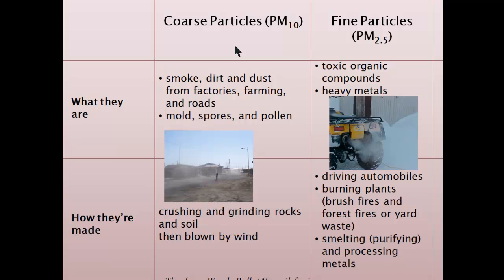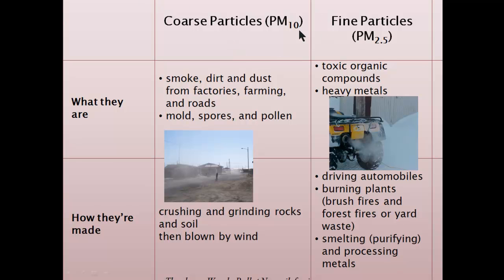But what doesn't get filtered out gets into our lungs, and that's what causes people having to go to the doctor because they've got asthma, they've got breathing problems. Sometimes my eyes start watering.